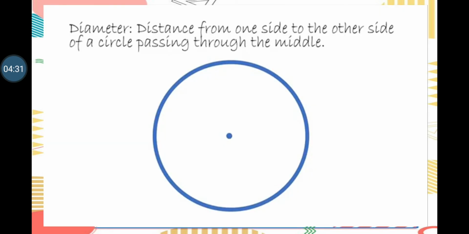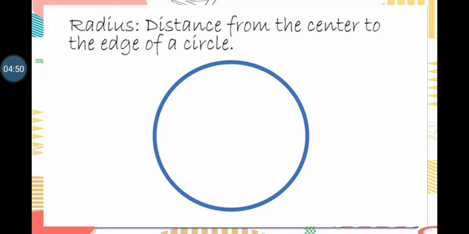We know that the diameter is the distance from one side to the other side of a circle passing through the middle. Watch this red line. This is the diameter of the circle, and we know that we can calculate the diameter by multiplying the radius by 2. And the radius is the distance from the center to the edge of the circle.